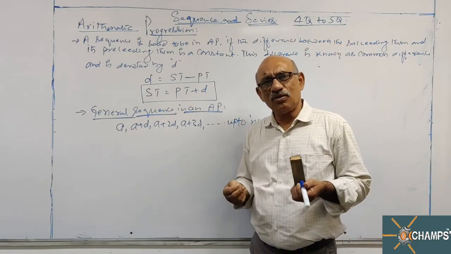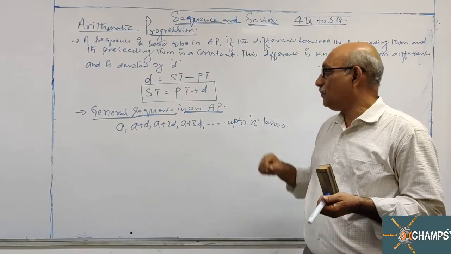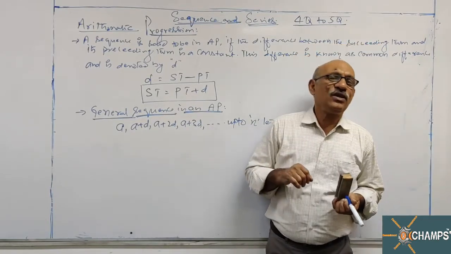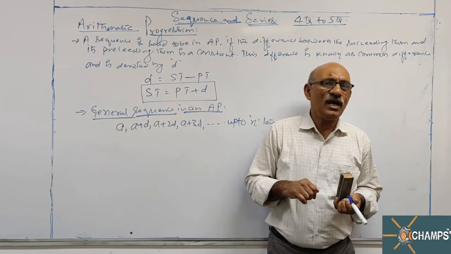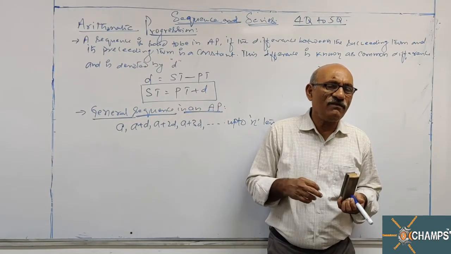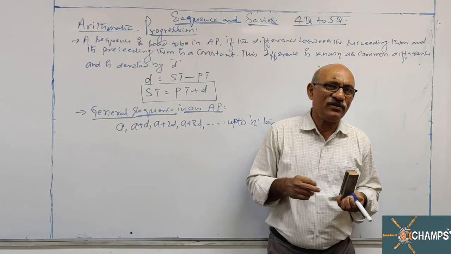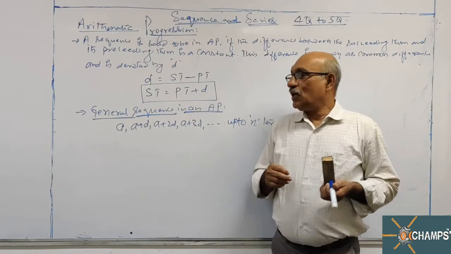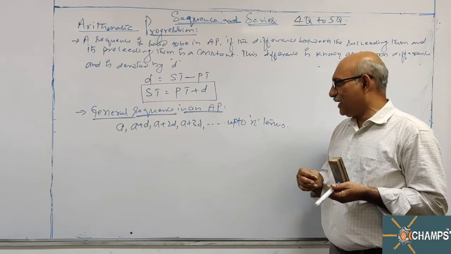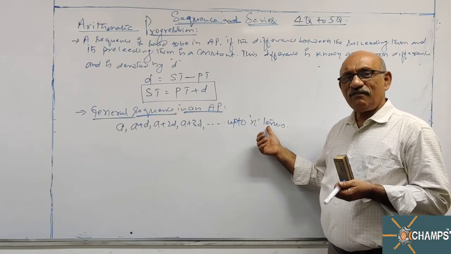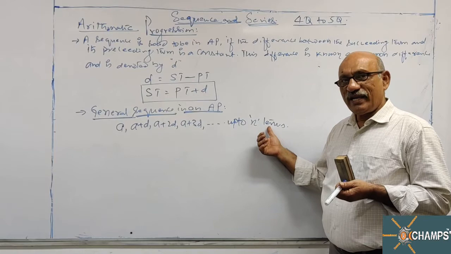Sometimes you can extend up to infinity also, no problem at all. Now look at this. When a sequence is having finite number of terms, it is a finite sequence. And when the sequence is having infinite number of terms, it is an infinite sequence. So when I am talking about general sequence in an arithmetic progression, I am considering finite number of terms.